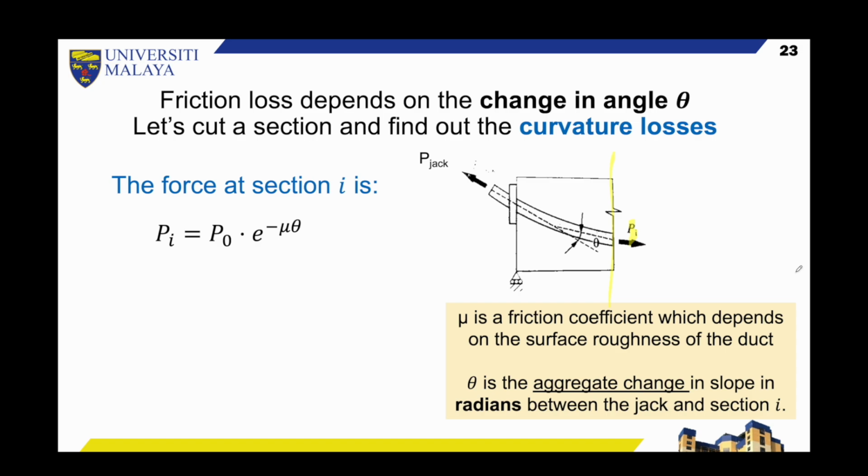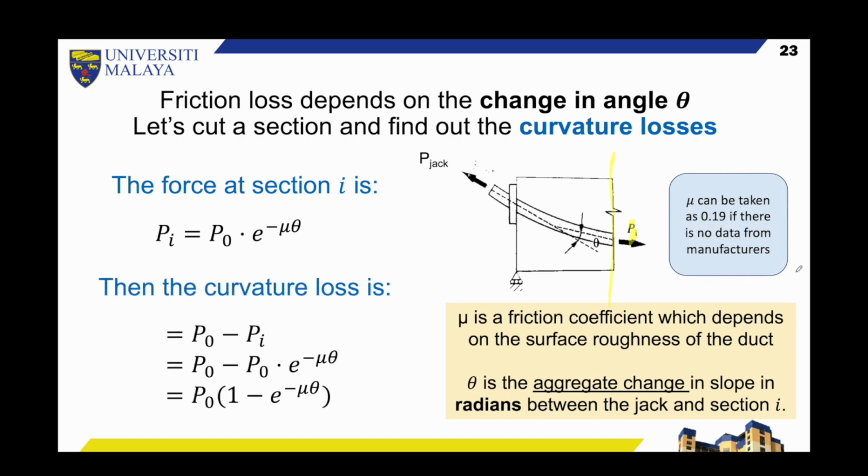The curvature loss is P naught minus Pi, where Pi is taken from the top there, and we put it down there. So rearranging, we get P naught multiplied by 1 minus E raised to the power of negative mu theta.